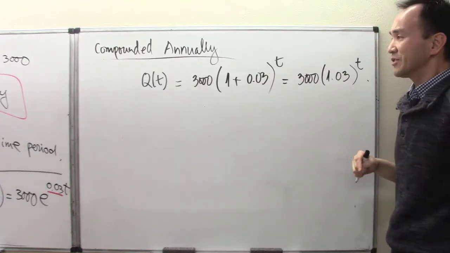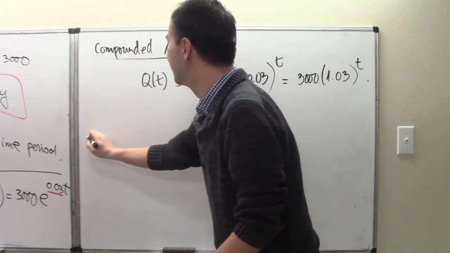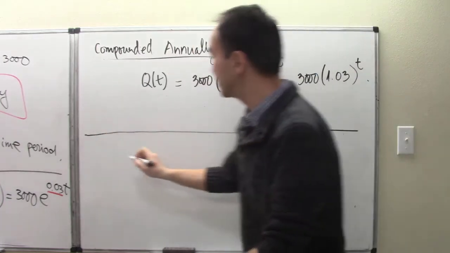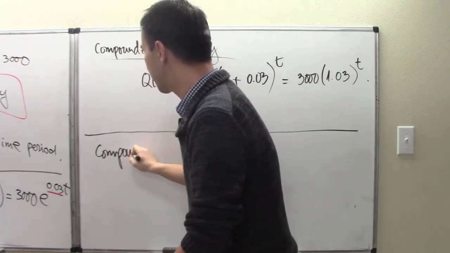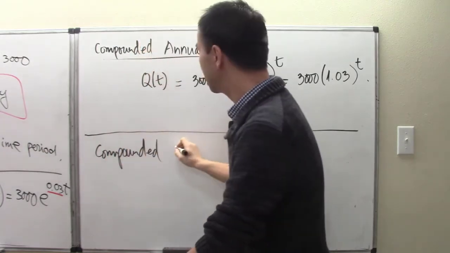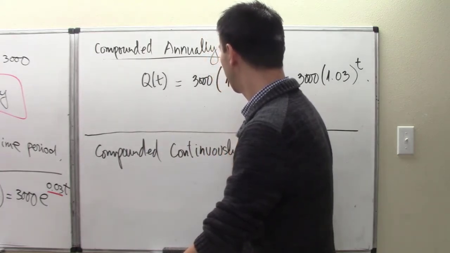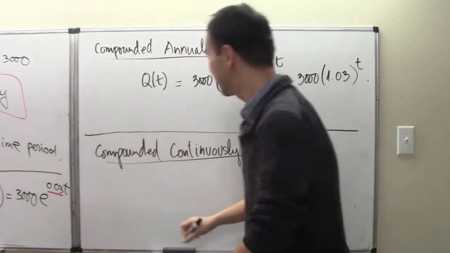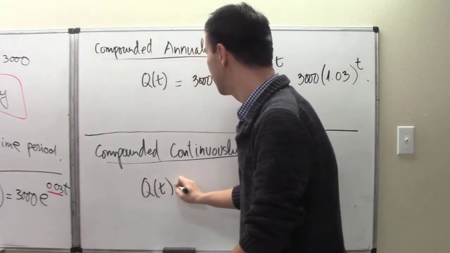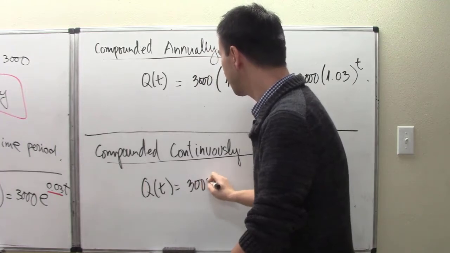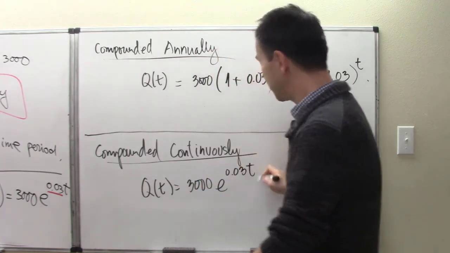Okay? And so now, if we're comparing with the version where we have our interest compounded continuously, then Q of t is 3,000 e to the 0.03 t.